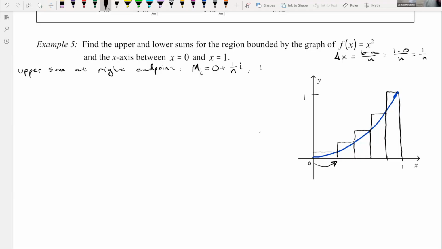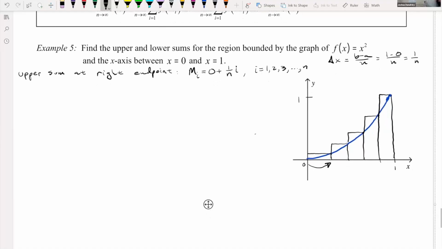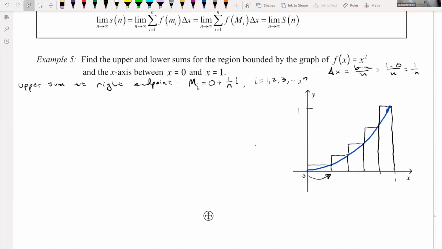So that means we have i equaling 1, 2, 3, all the way off to n. And so if we want to find our upper sum, I'm going to use just the same notation as you see just above to the right there, capital S of n. It's a function of how many rectangles we have.